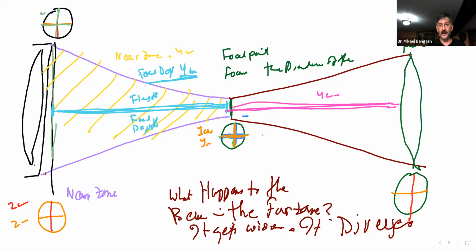Since we say at a distance of 4 centimeters from the focal point, that means the distance from the focus to the end of our far zone is also 4 centimeters, then it is going to be back to 2 centimeters wide and 2 centimeters tall. A question: where are the 2 centimeters tall and wide coming from? Mainly because that was the size of your PCT.